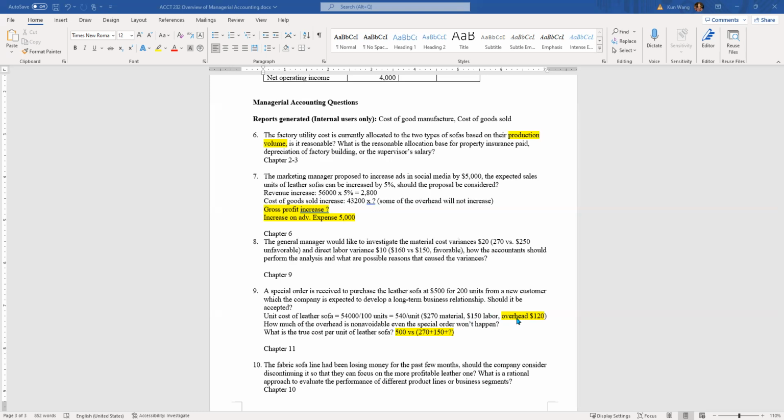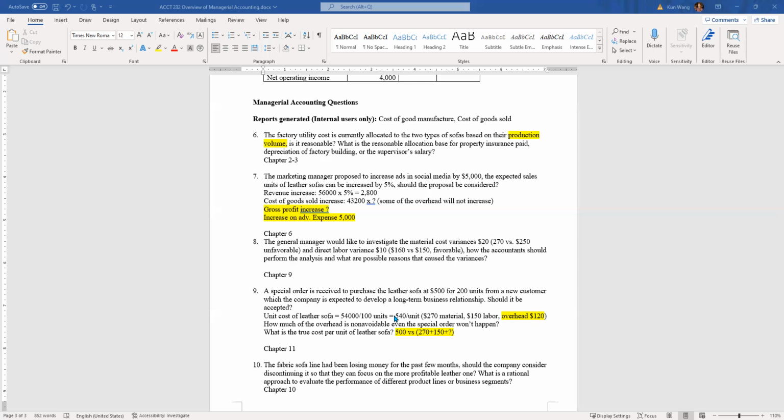Some of the overhead will change when you accept the special order, because you probably need to pay additional indirect labor, indirect material, and some of the variable overhead, like the variable part of the utility electricity. But some of the overhead won't change no matter whether you accept the special order or not, like the depreciation of the machinery or the supervisor's salary. So among these, $120 may not be the true cost to make the sofa.